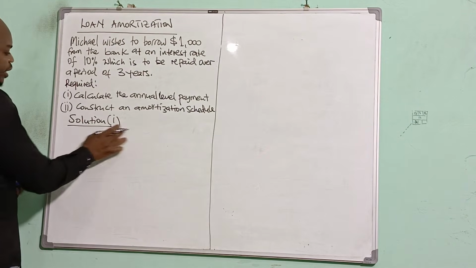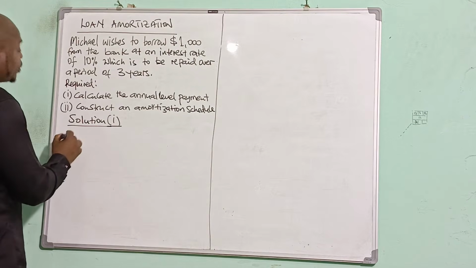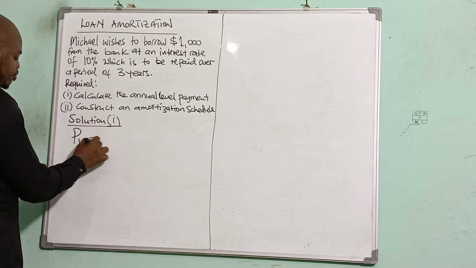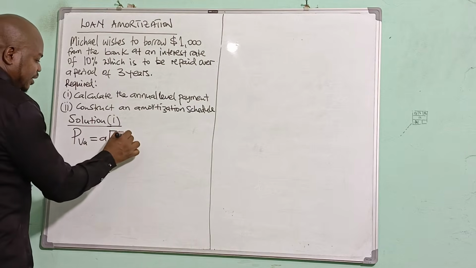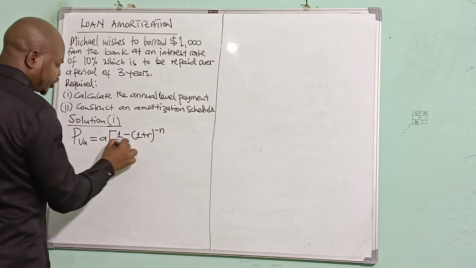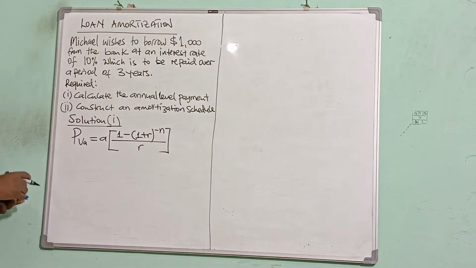So now today we are going to apply the concept of time value of money to amortize a loan. So what we are calculating is PVA, present value annuity, and then the A is the annuity itself, meaning the annual payment. This annual payment does not change. It will be constant all the time because we expect the bank to deduct a constant amount every time.